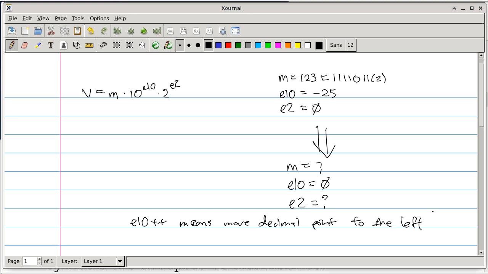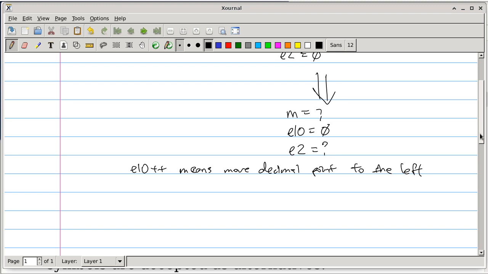Okay, you guys are all looking at me like, what? What are we talking about? Okay, so what we do is we say 123 times 10 to the power of negative 25 times 2 to the power of 0. What is it equal to?